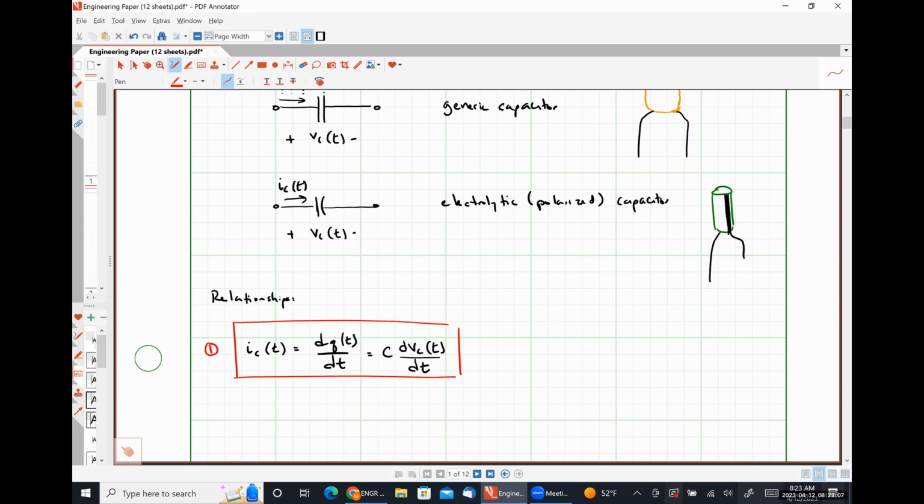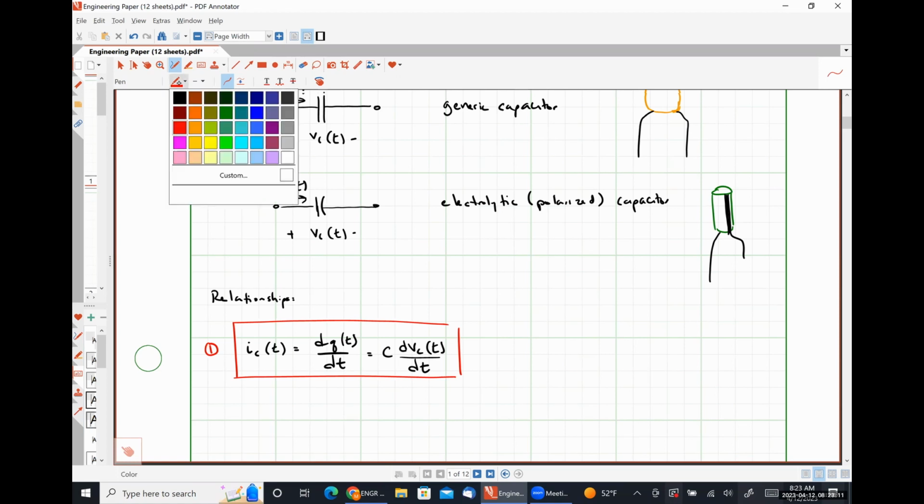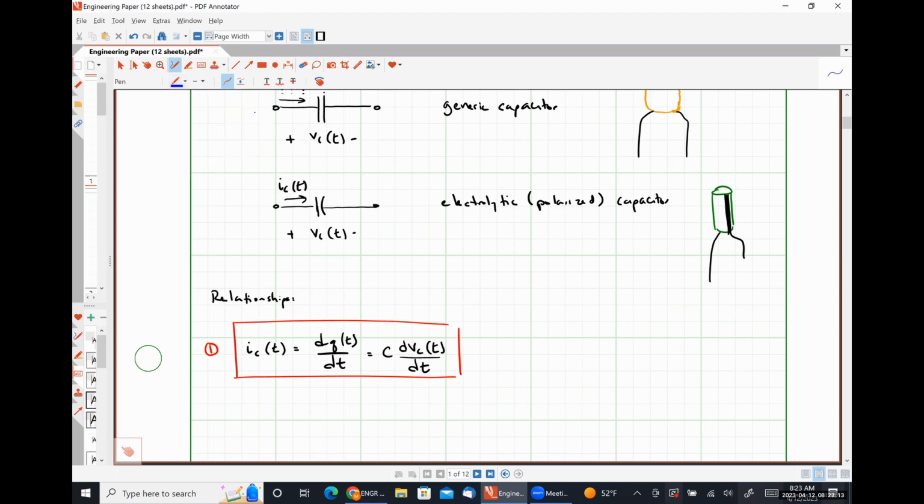This is relationship number one. Just to refresh you on the inductor relationships, because I told you how similar these were. For an inductor, we had the relationship that VL equals L di/dt.